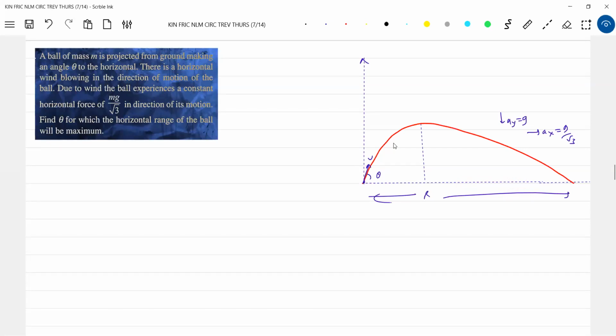Okay, let's get into it. So what is the time of flight? At t equals 0, I project it, and after some time T it lands. The time of flight is independent of horizontal acceleration, so the time of flight is given by T equal to 2u sine theta by g.